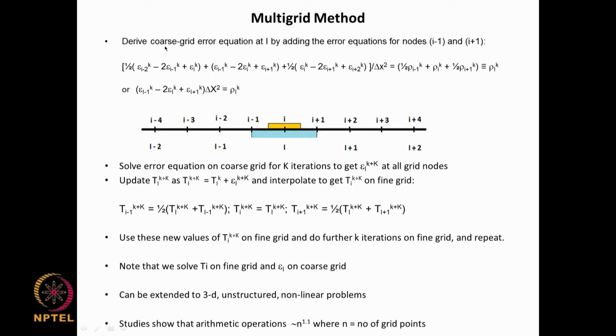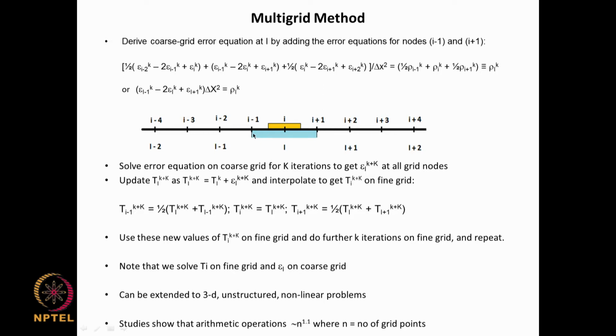So, we derive the coarse grid error equation for capital I, which happens to be the same I here, by saying that the total delta x is composed of the small delta x at I plus half of the error equation at I minus 1 plus half of the error equation at I plus 1.